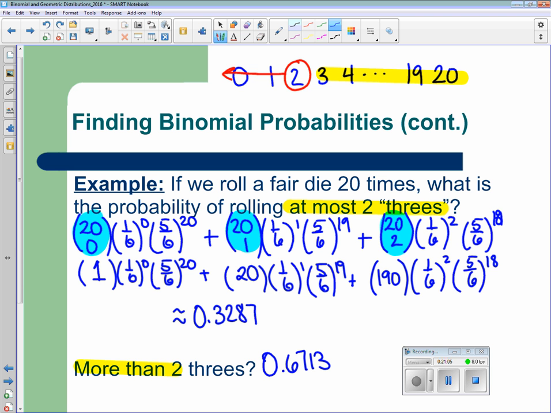Because they're complements of each other. So it's just 1 minus 0.3287, right? So if you can use that idea of complement, look at how much time that saves us.